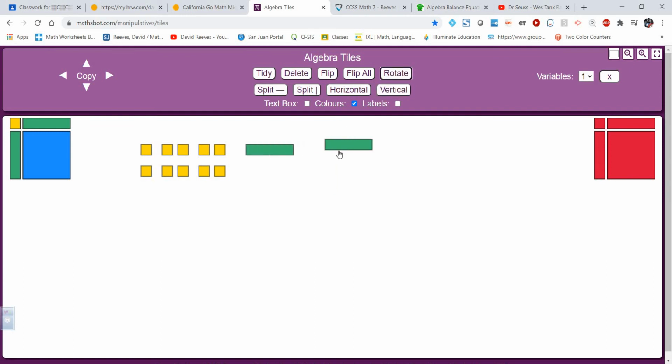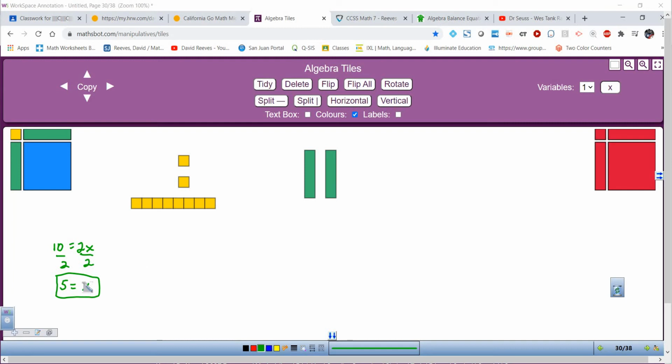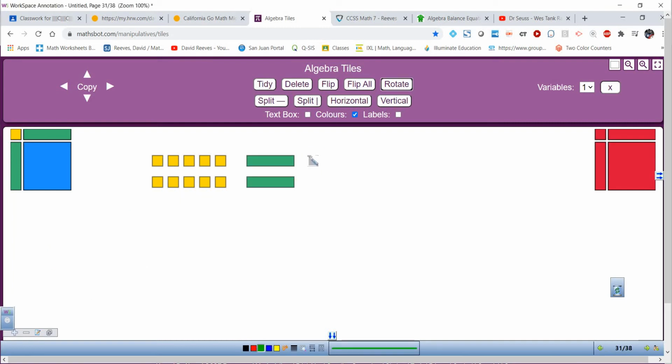And you can see that when 2x's are equal to 10, then 1x is equal to 5, right? 2x equals 10, 1x equals 5. There's our solution that we had right there. So we can write, right, x. So this was 2x equals 10. So 1x equals 5. There we go.